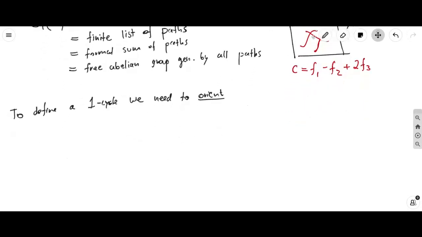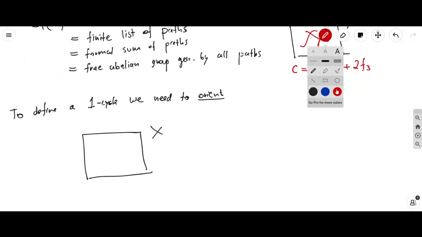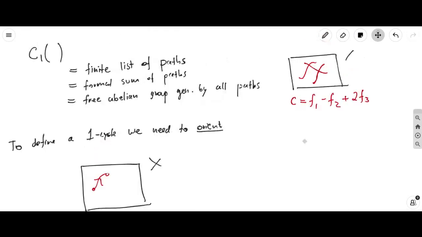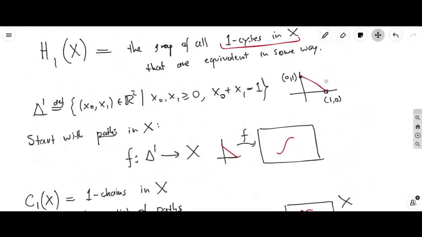And so let's say this is our space X. And then we have a path that goes like this. And we have to orient it. We have to make a decision of how it moves. And the orientation is arbitrary, but the convention that we're using is we're going like this. So this is the start, and this is the end.